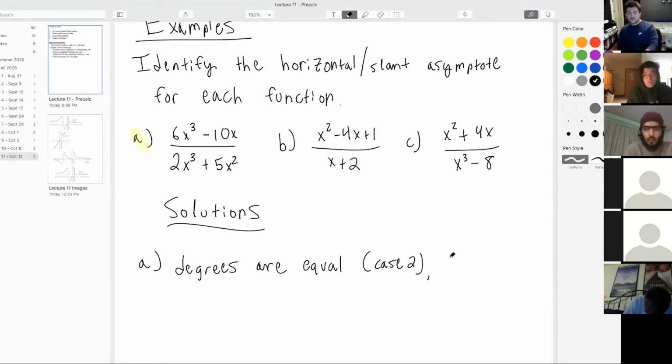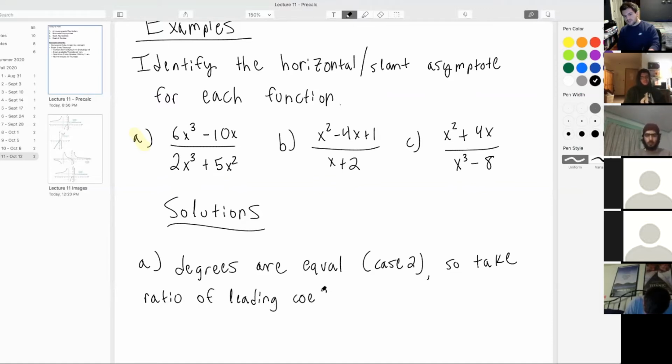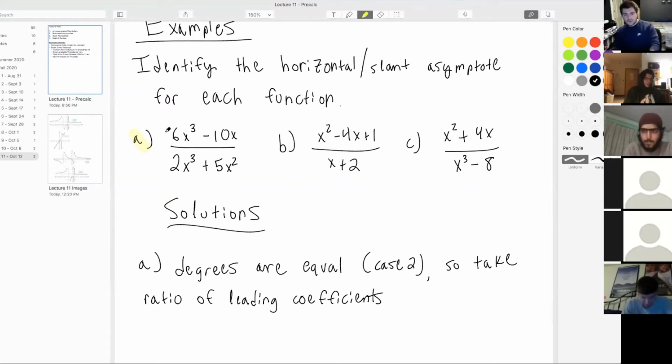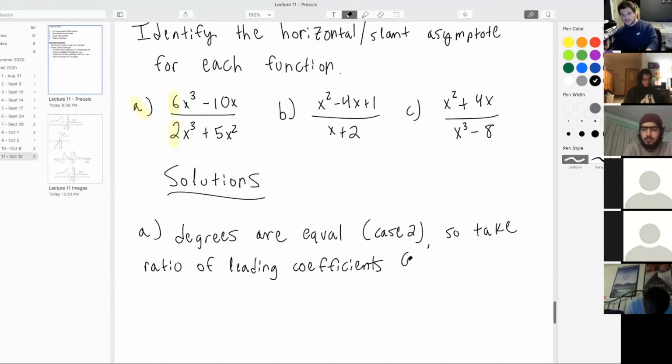So what do you do in that case? You take the ratio of leading coefficients. All right, so the ratio will be, we're just going to take 6 divided by 2. So it's 6 over 2, which is 3.